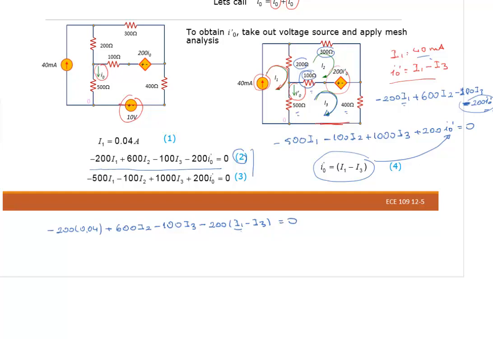I1 is again equal to 0.04. If you simplify this one, we're going to have here 600 I2 plus 100 I3 will be equal to 8 plus 8, which is equal to 16.